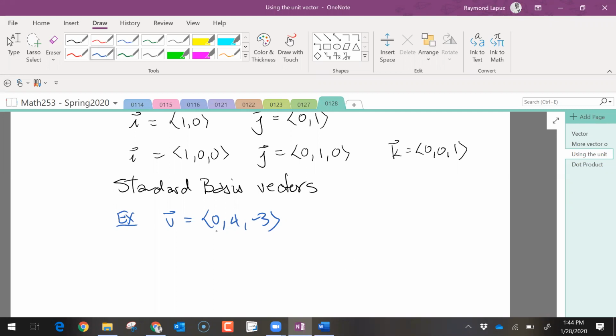You would move 0 in the x direction. You would move 4 in the y direction, and then you would move by negative 3 in the k direction. Hey, sorry. You would move in z.